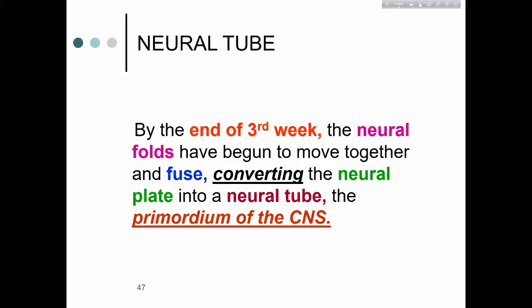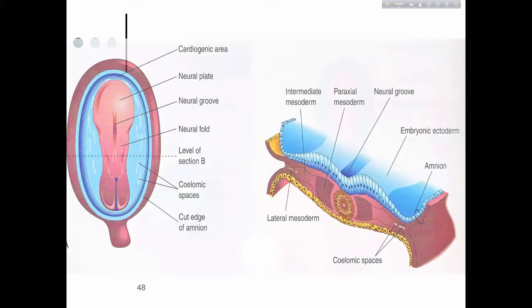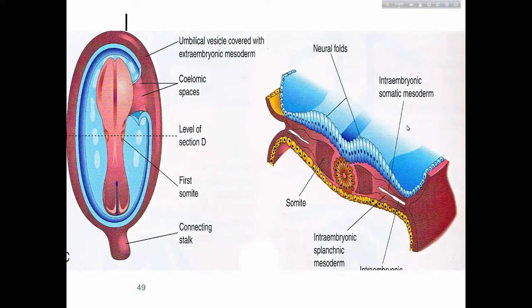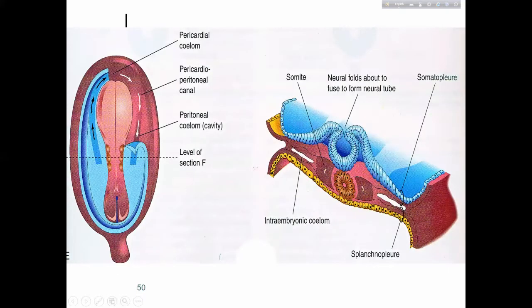So let us see here, neural groove and neural folds here. Next, the groove is deepening and the folds are coming close together, and ultimately the neural folds will fuse with one another, and here will be a neural tube, like the notochord, though a little different.